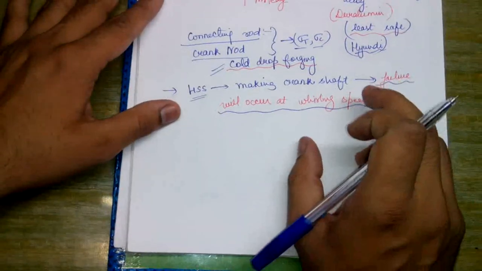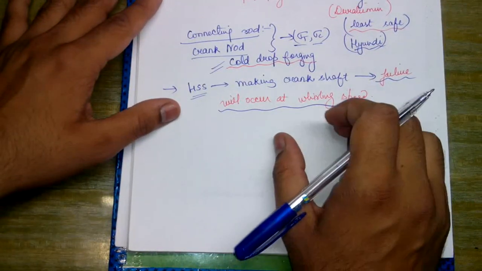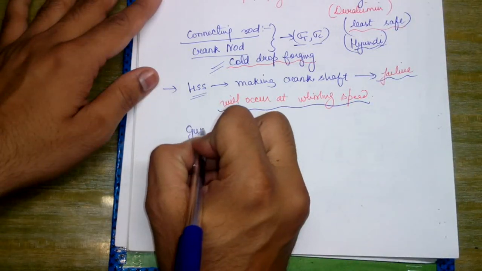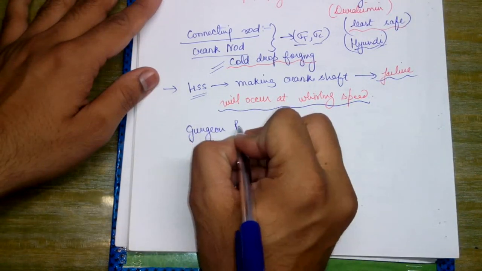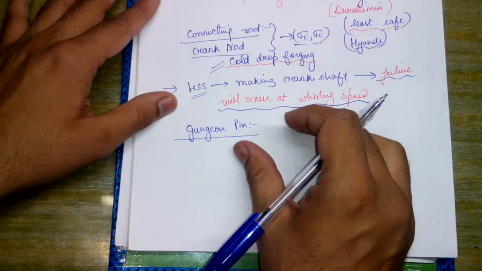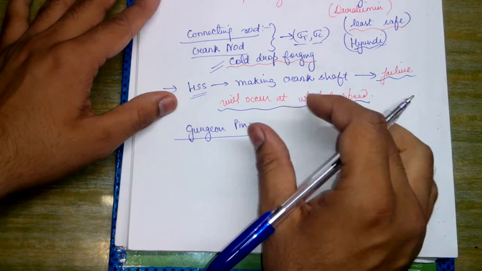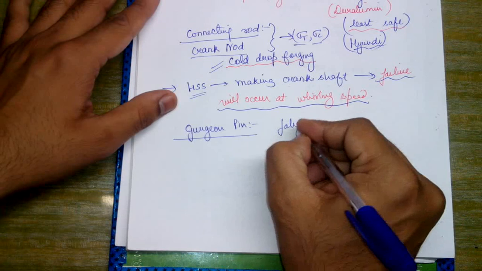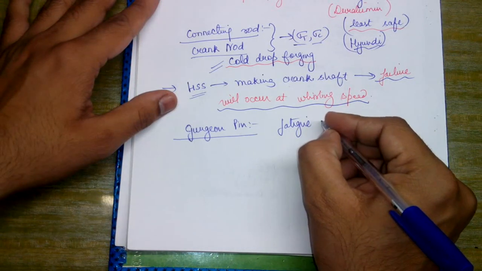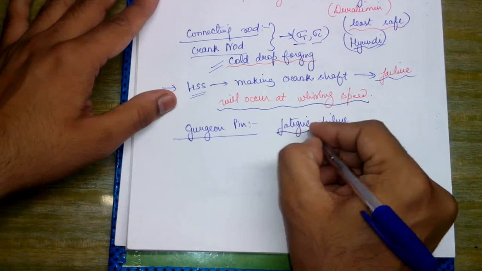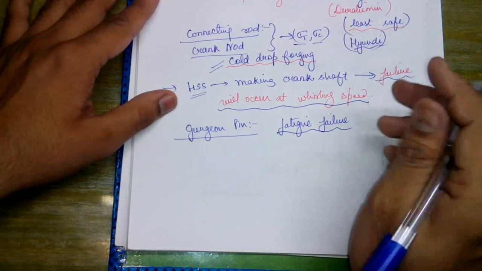At the whirling speed. और वर्लिंग जो कॉन्सेप्ट है वो हम लोग ने थ्योरी ऑफ मशीन्स में ऑलरेडी पढ़ रखा है. If we talk about the gudgeon pin, then it is subjected to completely reversal loading condition, which is the most dangerous condition for fatigue failure. जो हमारी completely reversal condition होती है वो हमारी fatigue failure के लिए responsible होती है.